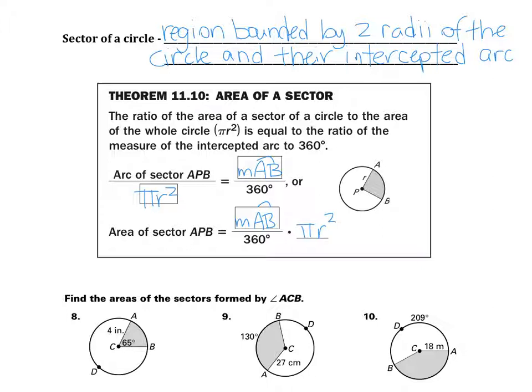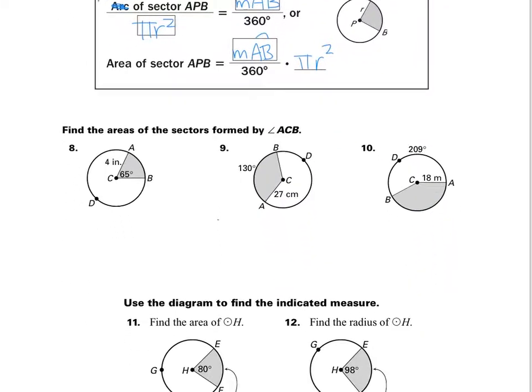And this should say area. I thought that didn't look right. That's a typo from the resources. Okay, so it's that portion of the area, the sector, over the whole area equals the measure of the arc for that portion over 360.